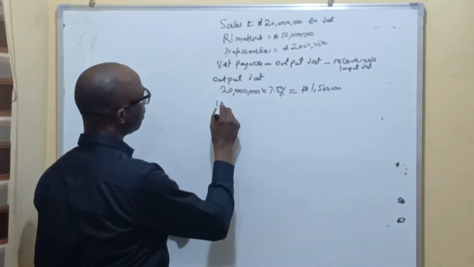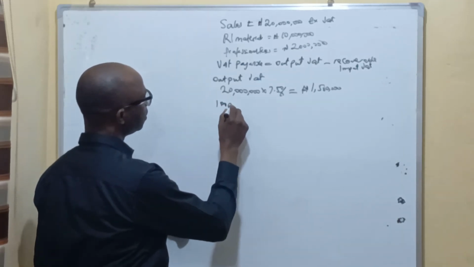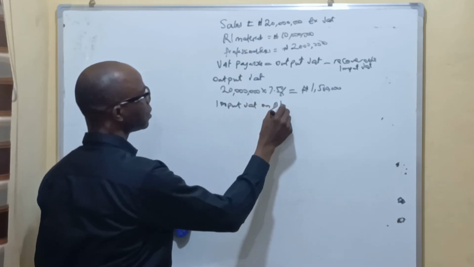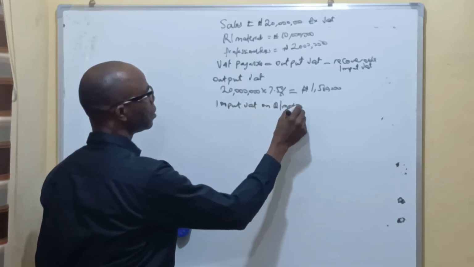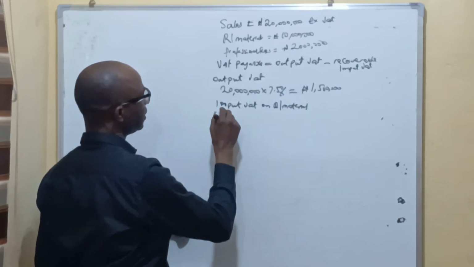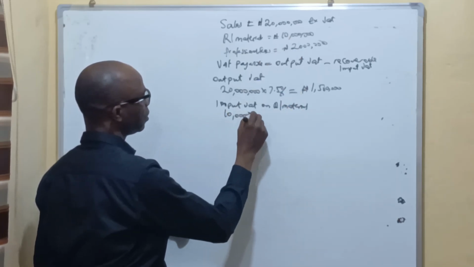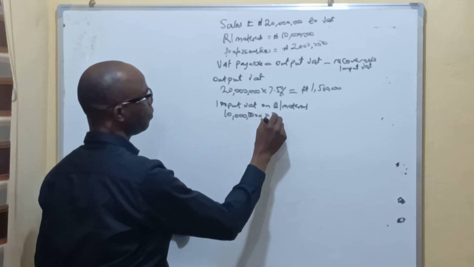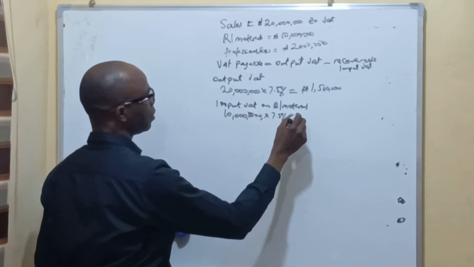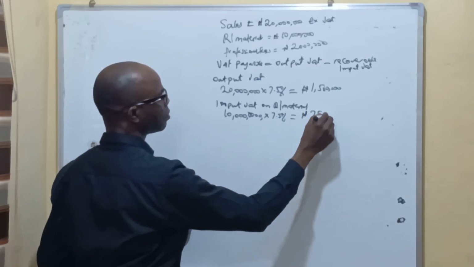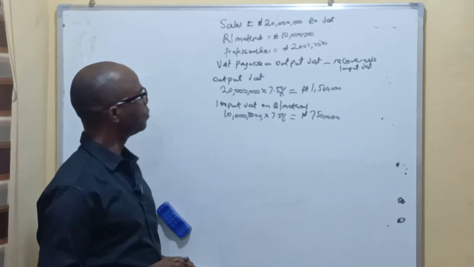Input VAT on raw materials. Raw material here is 10 million, times 7.5%, that is 750,000. Beautiful.